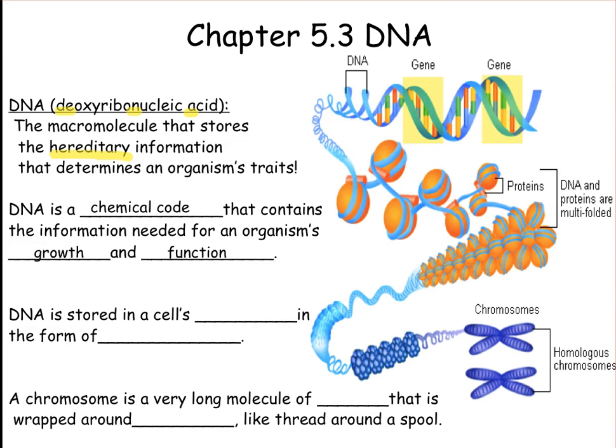Examining the picture at the right, we immediately get the impression that DNA, represented here as twisted strands, so look at all of this, is actually a very long molecule.